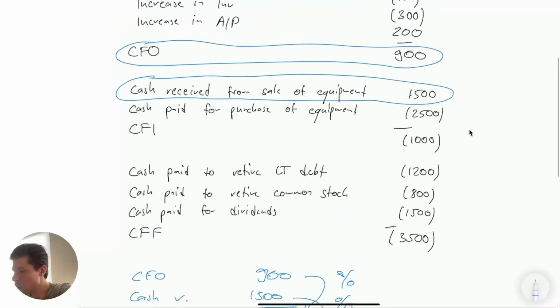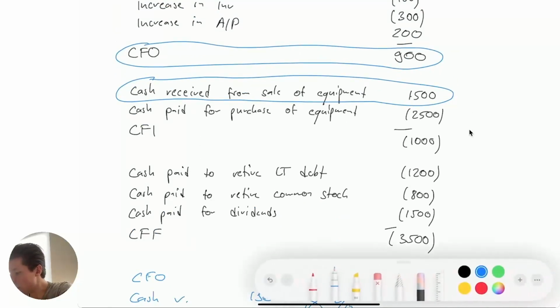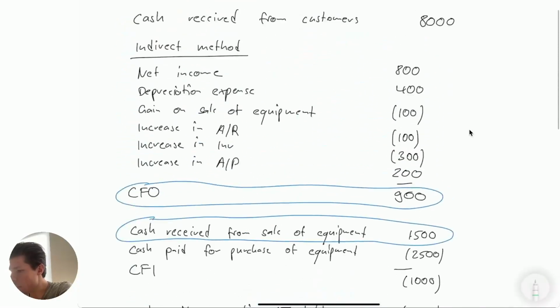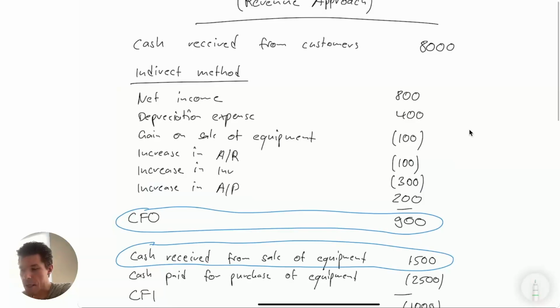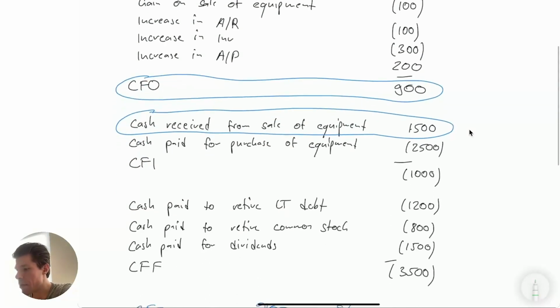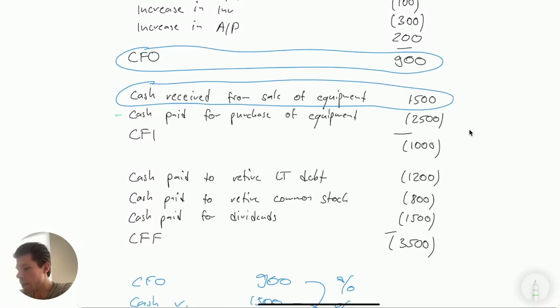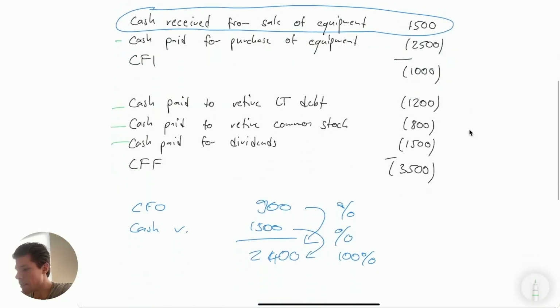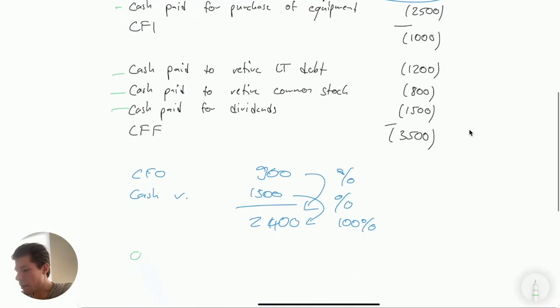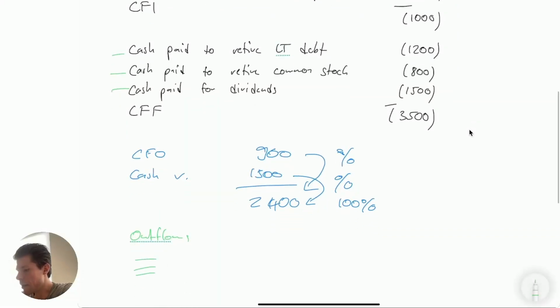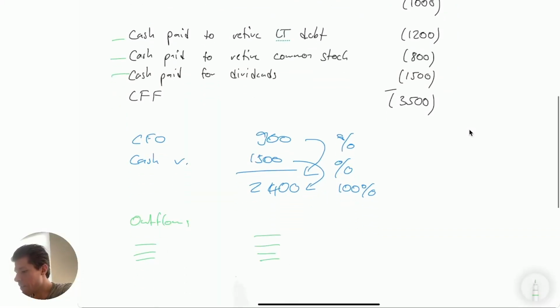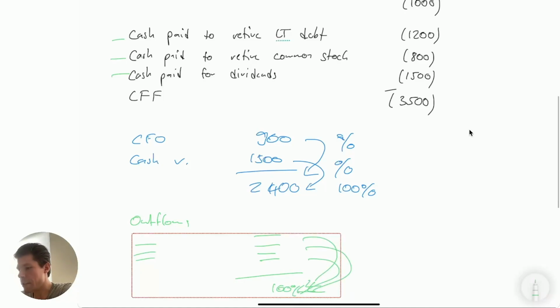And then for all the other outflow items, you would do the same. You ignore the CFO items under the indirect method, and then you combine this item, this item, this item, and list them here under outflows, in the same fashion. Again, each line item divided by the total, 100%, and then you get the percentage.